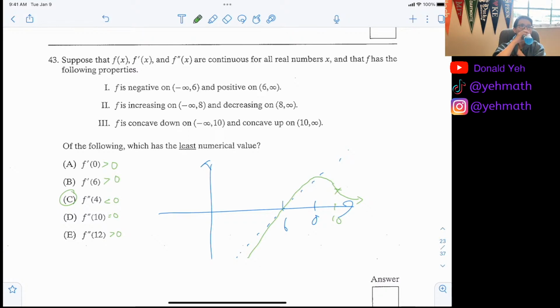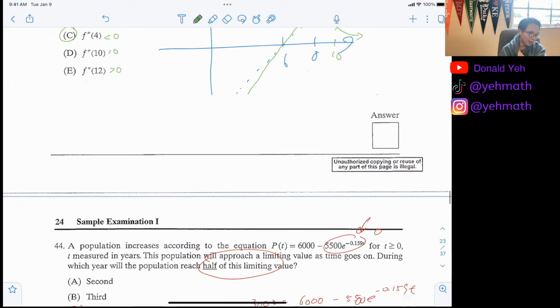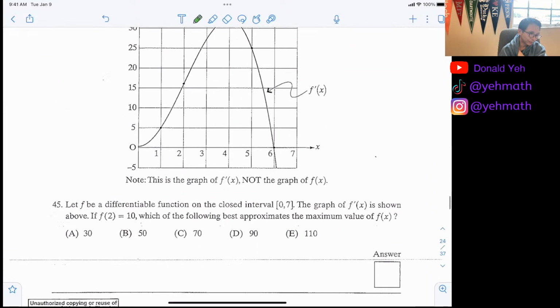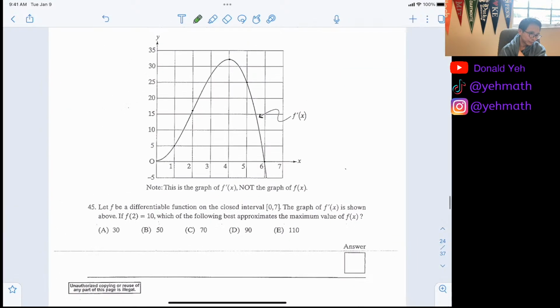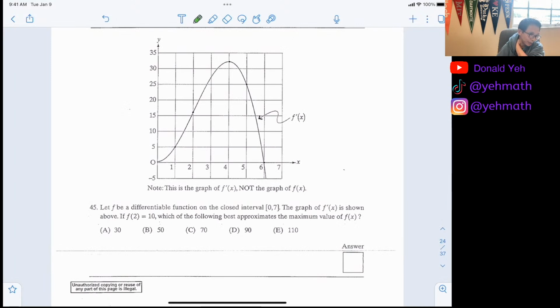Can you do 45? That one you had to approximate. You are counting the squares, and you have to add them. So the problem is this is the integration of f prime, right? Now, the same thing happened again with the fundamental theorem of calculus. You know that the maximum is right here, but they want a maximum value. Value means output.